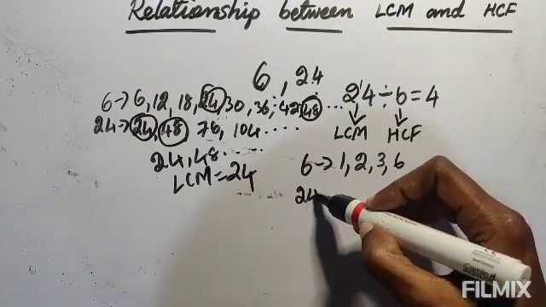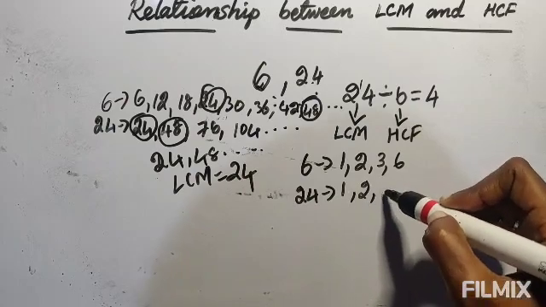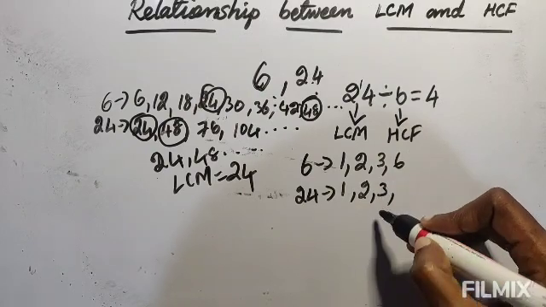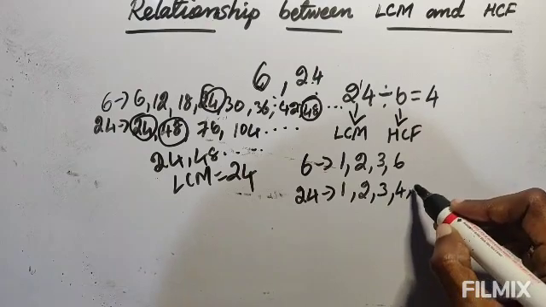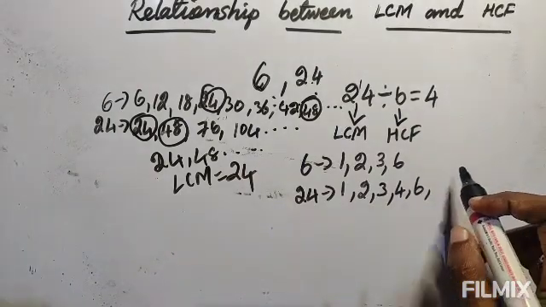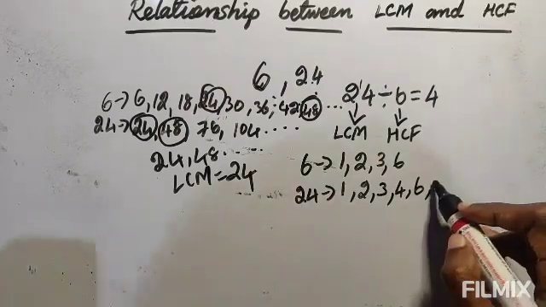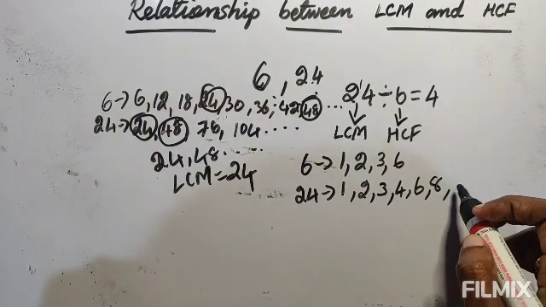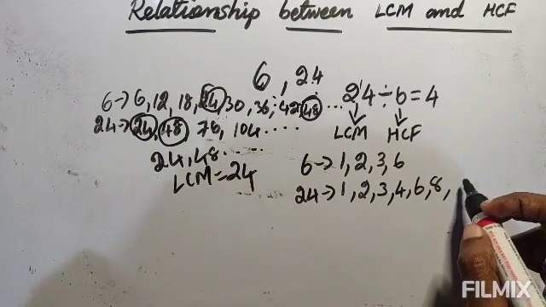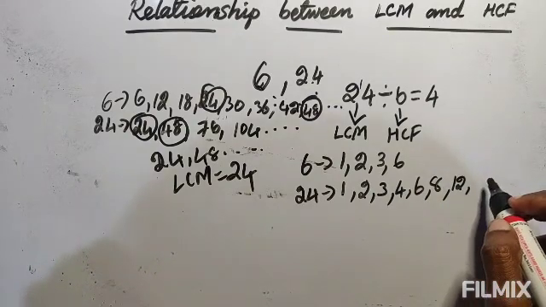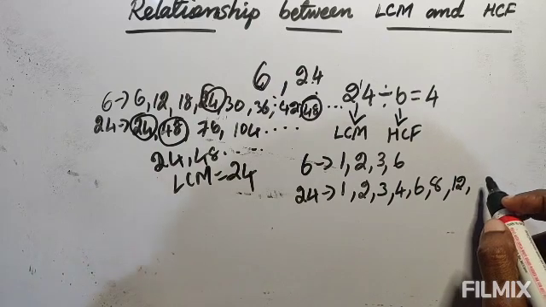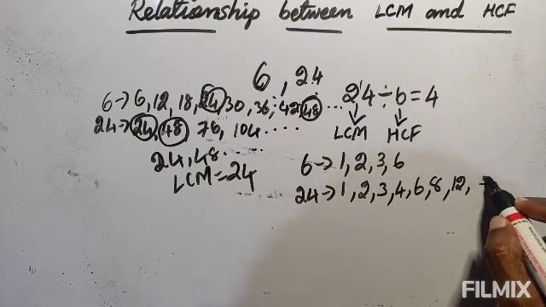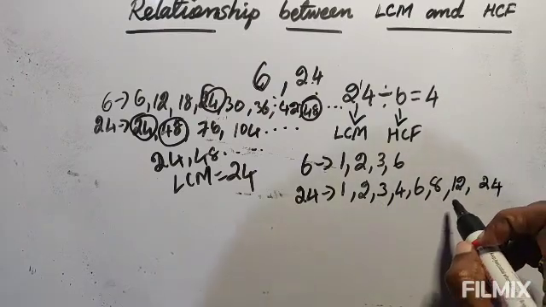Now factors of 24 are 1, 2, 3, 4, 6, 8, 12, and the last, 24. No other number can divide. Okay, so these are the factors of 24.